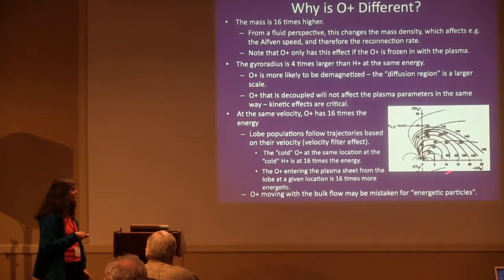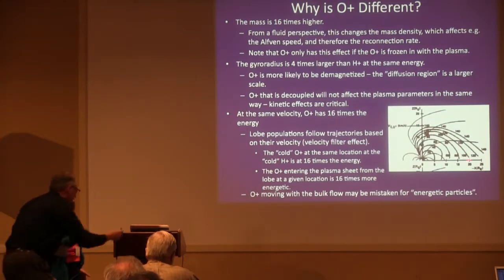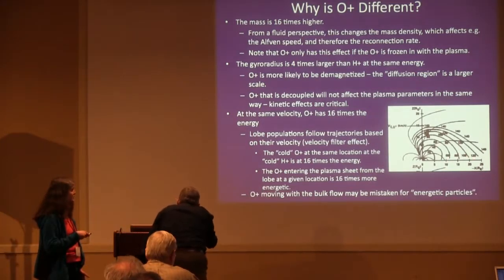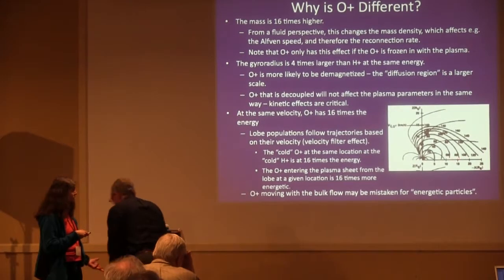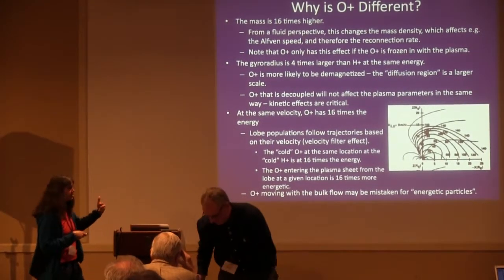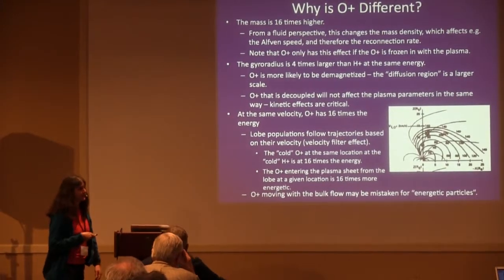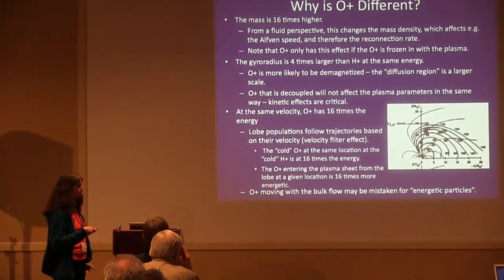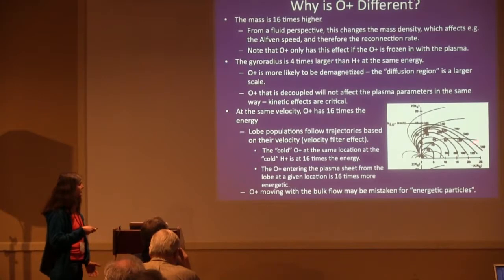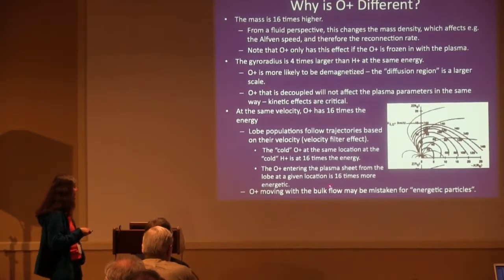There have been a lot of observations of these cold oxygen beams in the lobe. It also means that when those ions enter the plasma sheet, the oxygen that enters at a particular location has 16 times the energy of the protons entering at that location. So you're getting a more energetic population coming into the plasma sheet at any particular point.